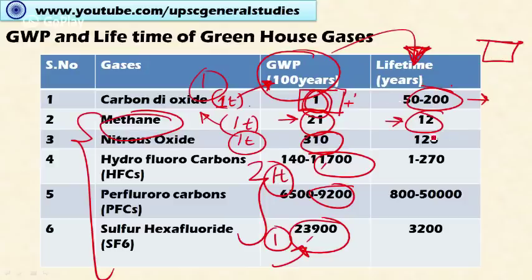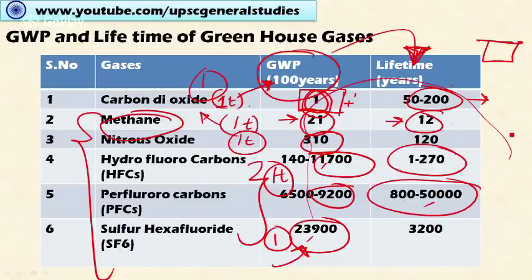One molecule of carbon dioxide remains for 200 years, causing significant global warming. Nitrous oxide stays 120 years, hydrofluorocarbons remain in the atmosphere for 270 years without degradation, and perfluorocarbons 800 to 50,000 years, depending upon various factors. Fluorinated gases, once released, spread throughout the atmosphere and over time reach the higher levels, up to the stratosphere.